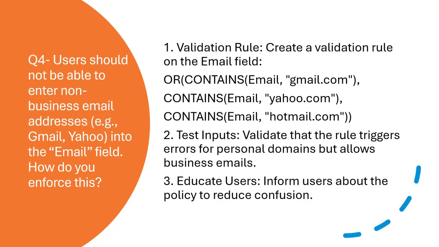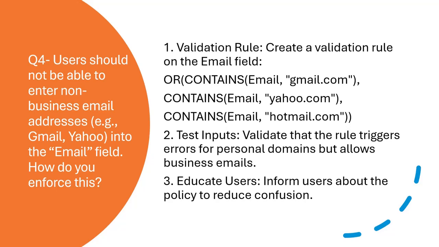Question 4, users should not be able to enter non-business email addresses, for example Gmail, Yahoo, into the email field. How do you enforce this? Again, I'll go ahead with a validation rule for this requirement, and I'll use the contains function where I'll compare the email with the domain that the user is providing, followed by the OR operator.